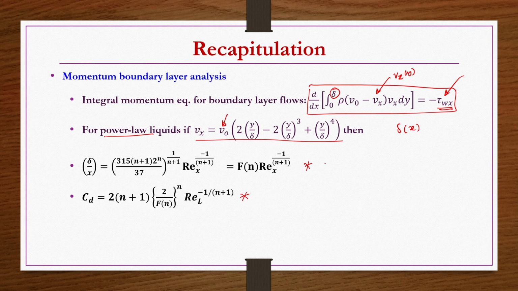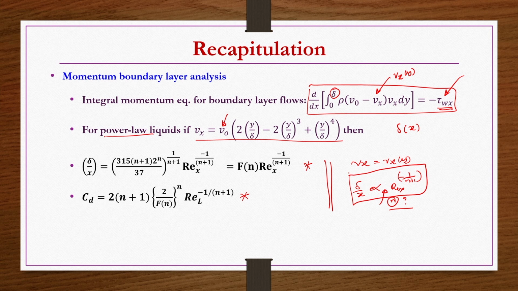If you take some other expression for Vx, you get delta by x proportional to Rex power minus 1 by n plus 1 for a power law fluid, and only the constant and the functions of n change, otherwise they remain the same. We also took another velocity profile, Vx by V naught equals 3 by 2 y by delta minus 1 by 2 y by delta whole cube.